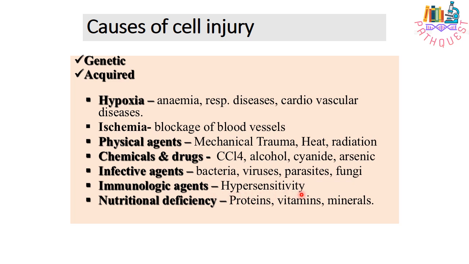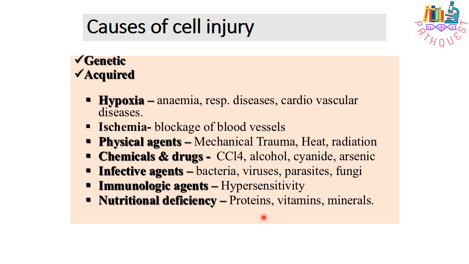So immunity is there to protect the human body from various foreign agents and microbial agents. But when the immune system is excessively activated, it causes damage to the normal host cells also, resulting in hypersensitivity reactions and cell injury.